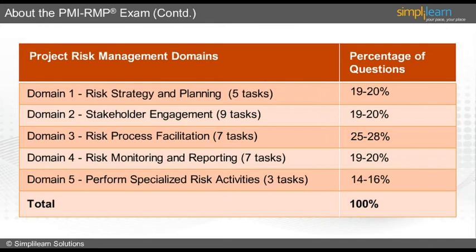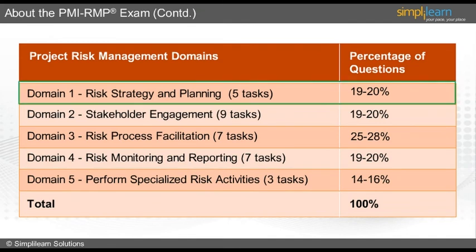PMI will grade you on 5 key project risk management domains, namely risk strategy and planning, 5 tasks, stakeholder engagement, 9 tasks, risk process facilitation, 7 tasks, risk monitoring and reporting, 7 tasks, and perform specialized risk activities, 3 tasks.